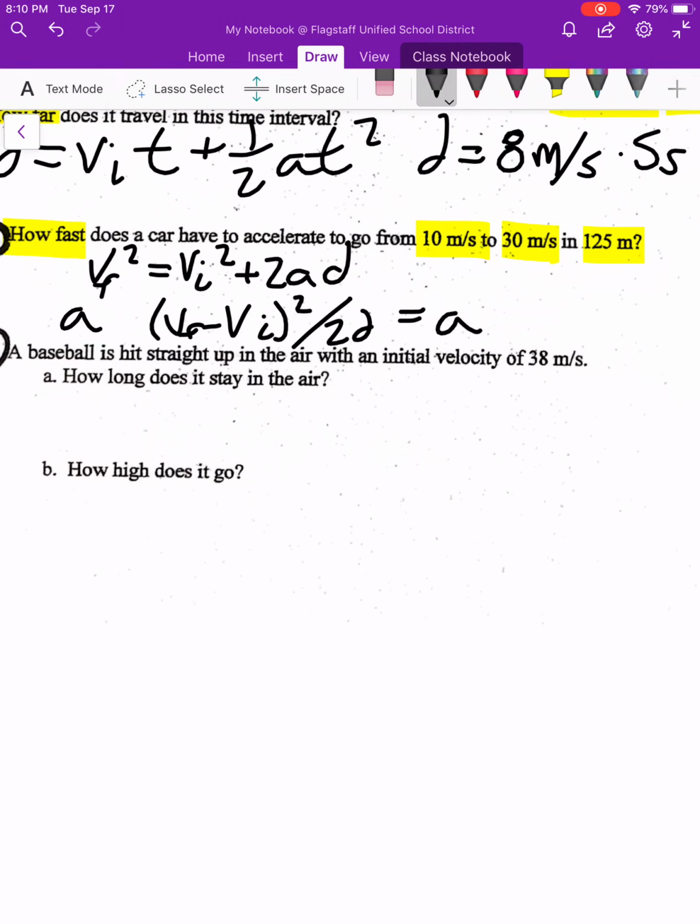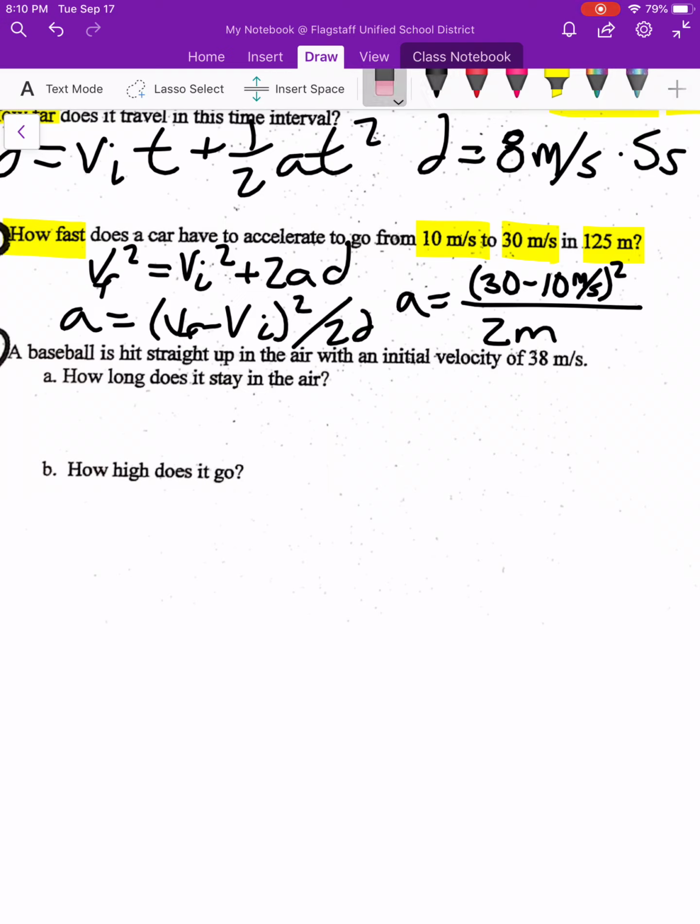I'm going to rewrite and put A over here just so it makes a little bit more sense. Okay, that was just doing algebra in my head, so hopefully you followed along with that. Okay, so now it's just plug and chug. We have the information, we have the equation. So A is equal to my final velocity minus my initial velocity in meters per second, and that's squared, divided by 2 meters.